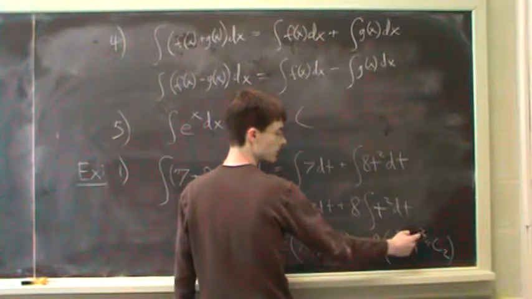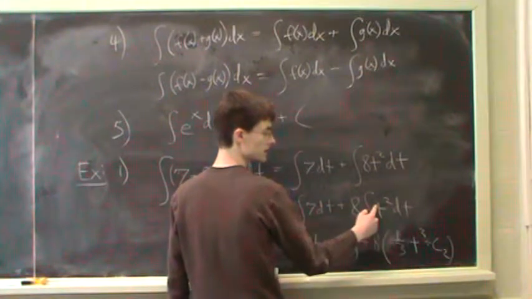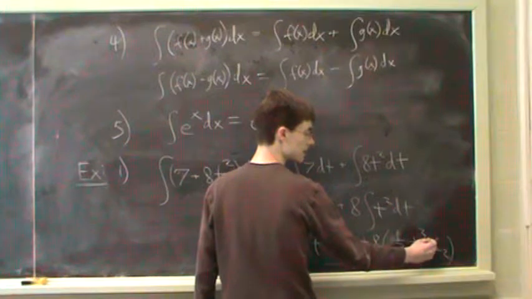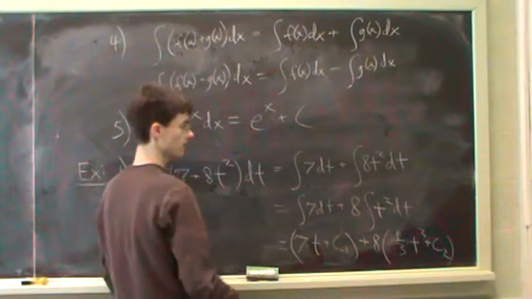So then we would reduce the exponent by 1, so we only get t squared, and the derivative of this constant c2 is going to be 0.